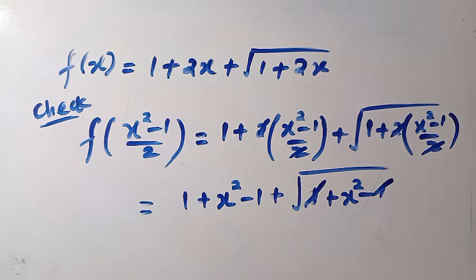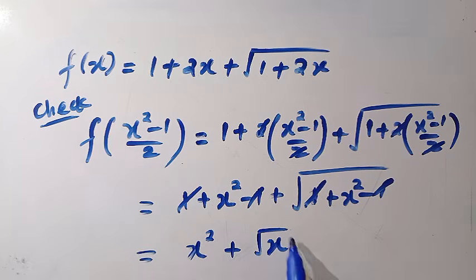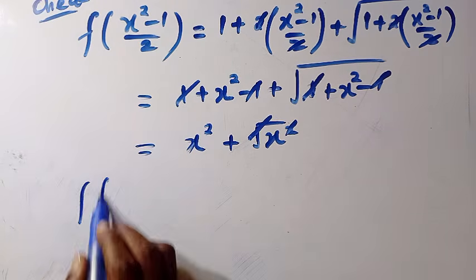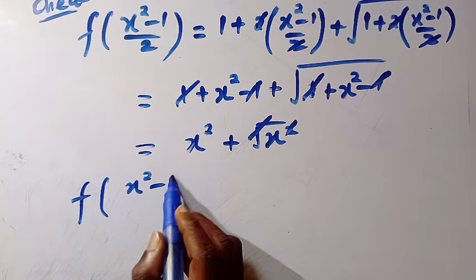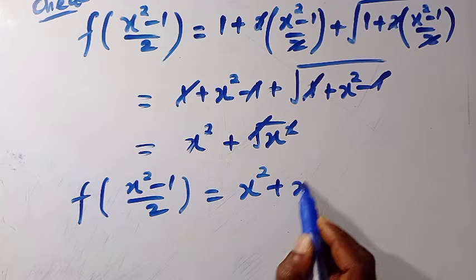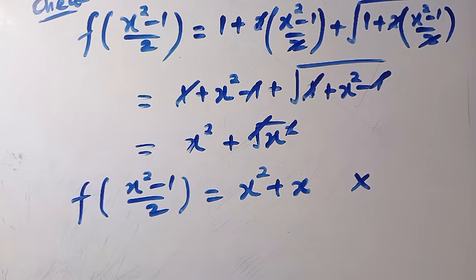So plus 1 minus 1 cancelled, plus 1 minus 1 also cancelled here. So this gives us x squared plus the square root of x squared. So square and square root cancel each other, we then have f of (x squared minus 1)/2 equals x squared plus x. And this does not give us the answer because the question says x squared minus x.